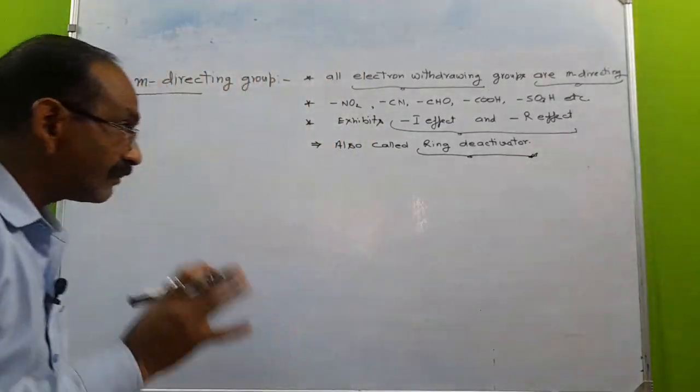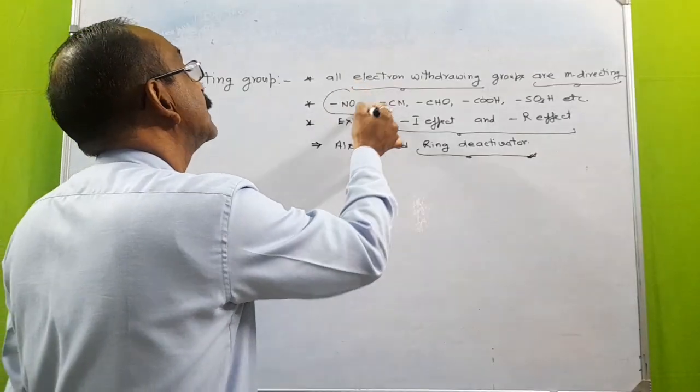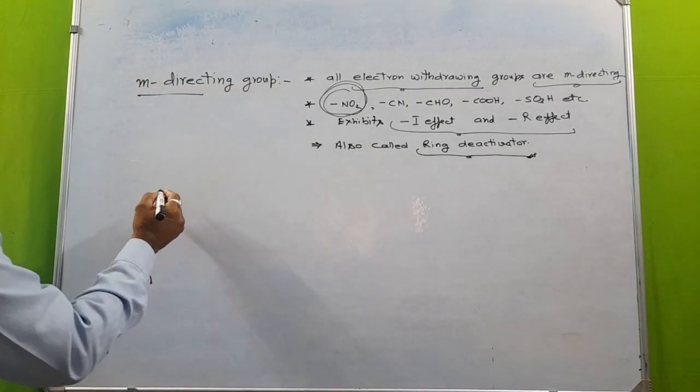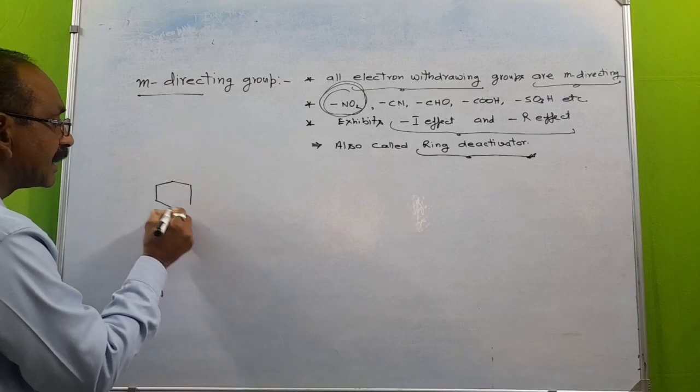See, here we will discuss the directive influence of the NO2 group today. Here it is a benzene ring.